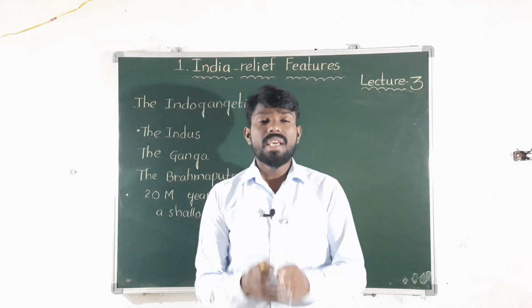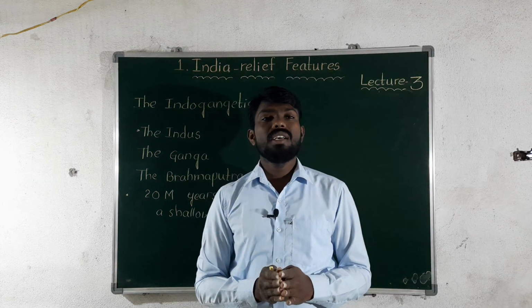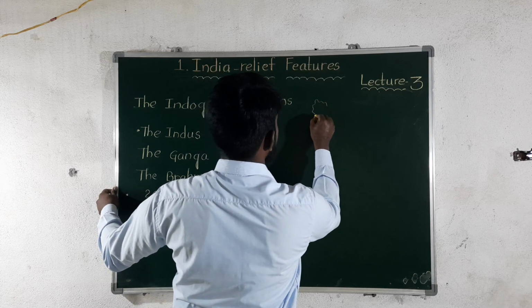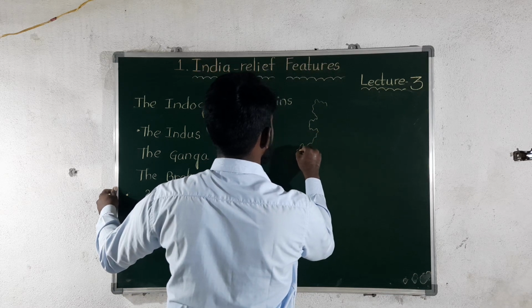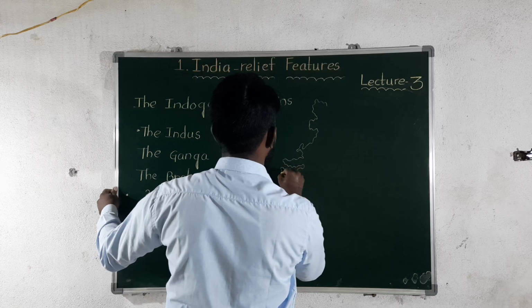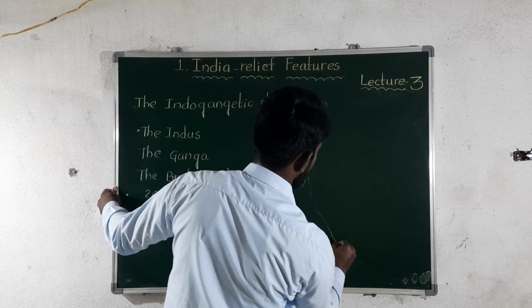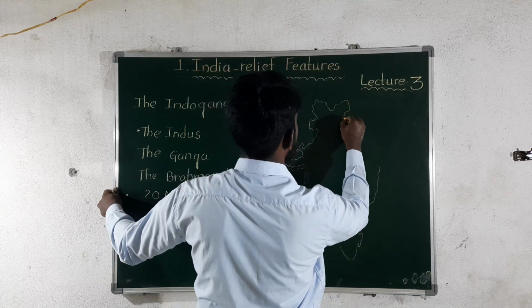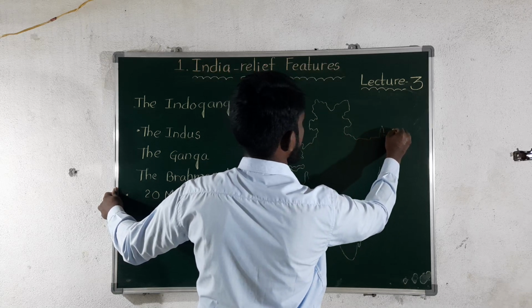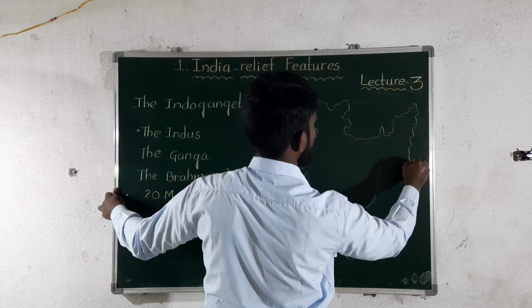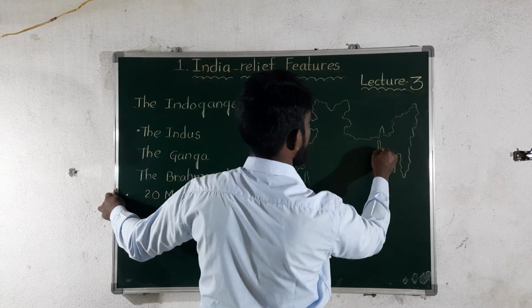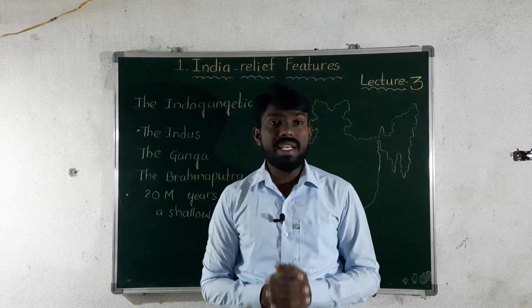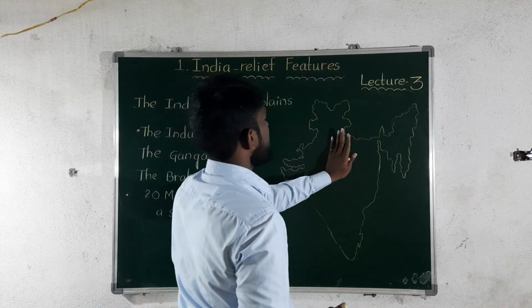They broadly consist of three divisions: the western part, the central part, and the eastern part.